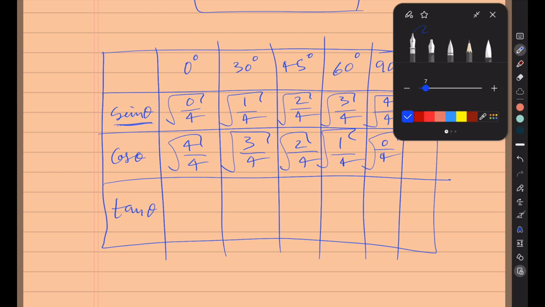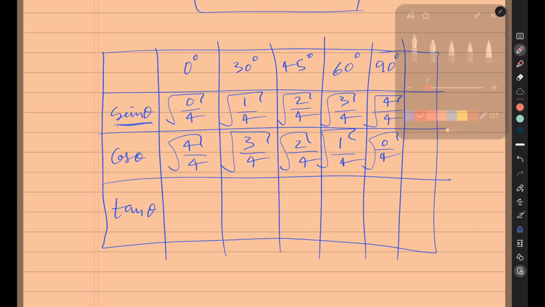Let me write down the exact values. Here you know that sine 0 is 0. Here you can see this is 1 by 2. And here this is 1 by root 2, when you do this calculation. Here this is root 3 by 2.